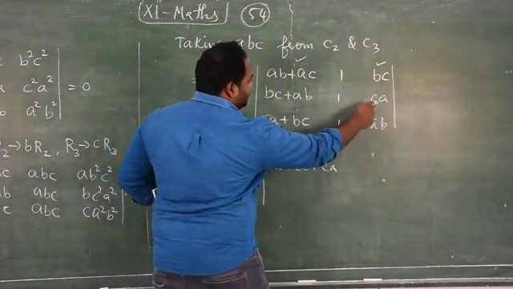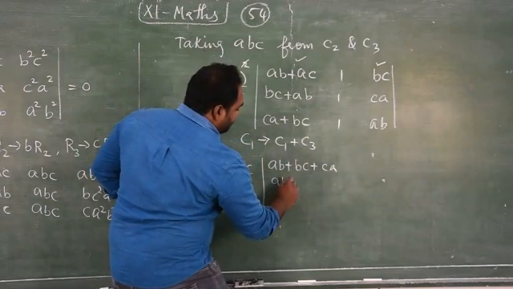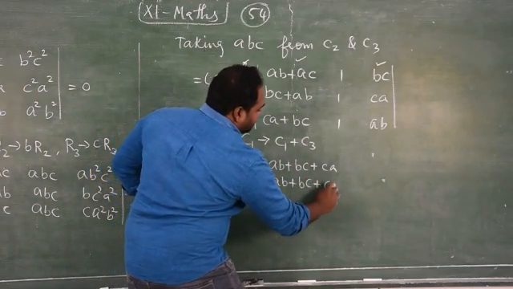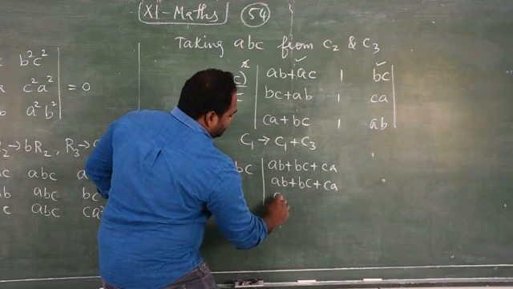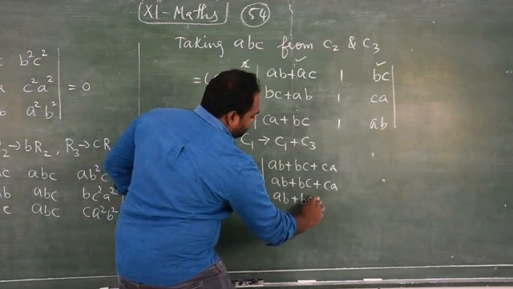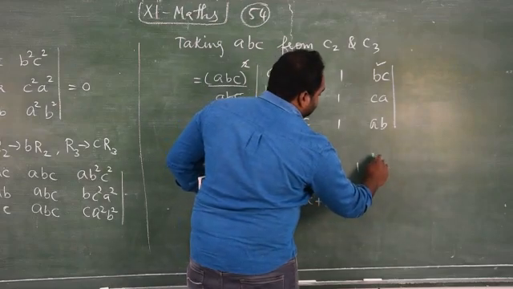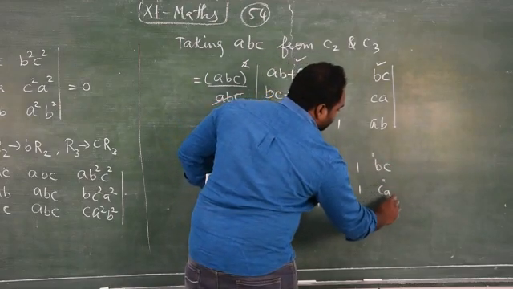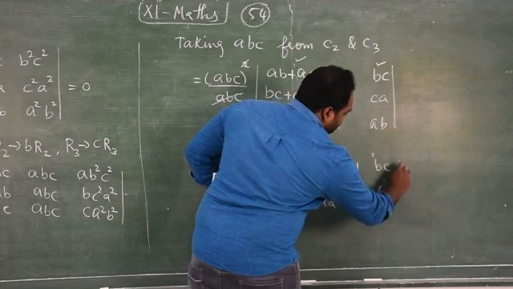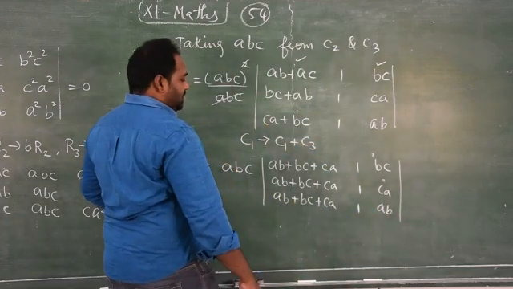Next one, if you add this, AB plus BC plus CA. Next one, AB plus BC plus CA. Here 1, 1, 1. Here BC, CA, AB. There is no change in column 2 and column 3.